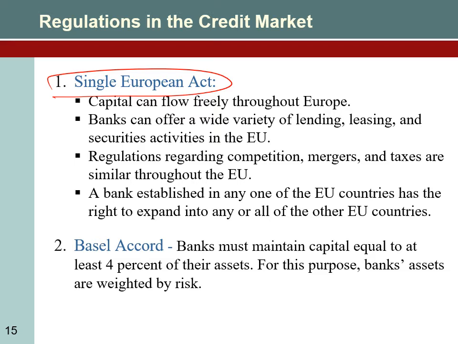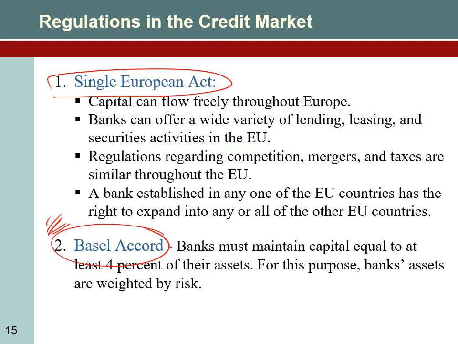You just need to understand what the Single European Act was and why it was used. Similarly with the Basel Accord, there are three extensions of the Basel Accord agreement, 1, 2 and 3. I'm just going to give you a little overview here. Only the explanation and concept you are required to understand.